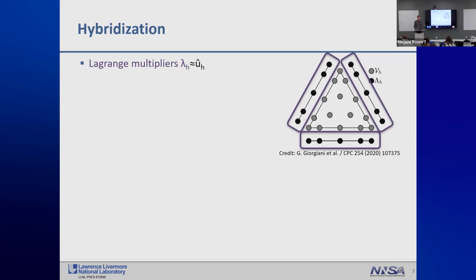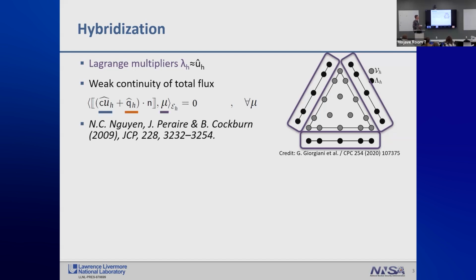That's the classical idea. But for these mixed systems, we follow the methodology of this paper, where we enforce weakly the continuity of the total flux. So this method is no longer similar to static condensation in the classical sense, because the total flux is not directly discretized.